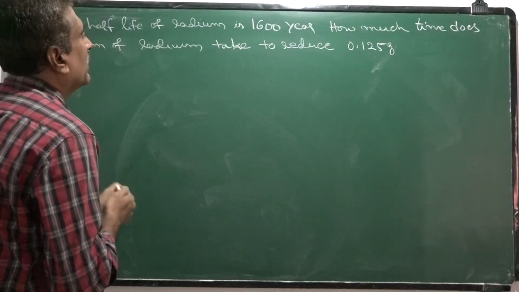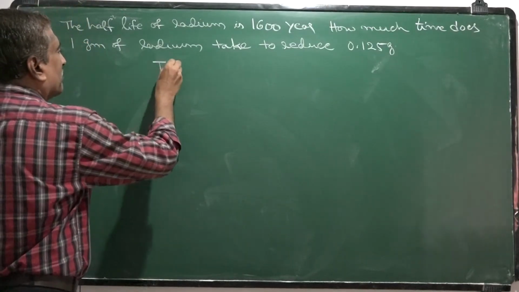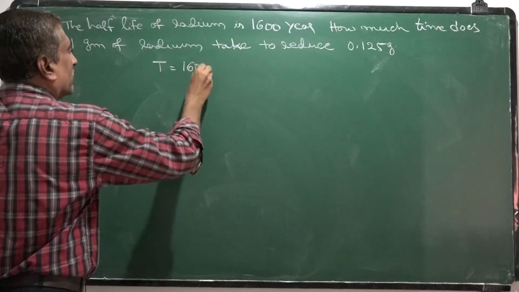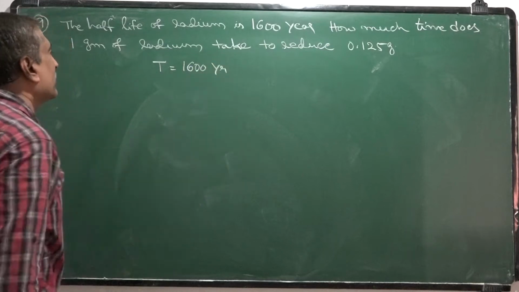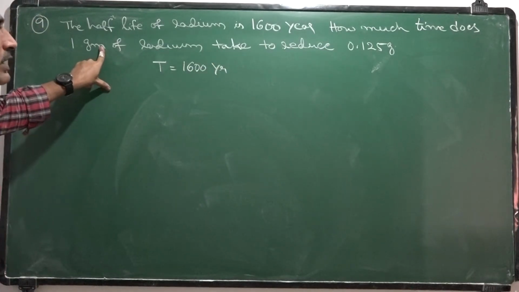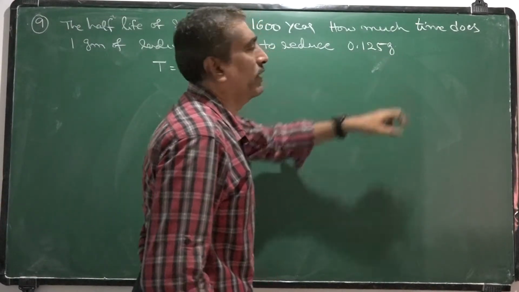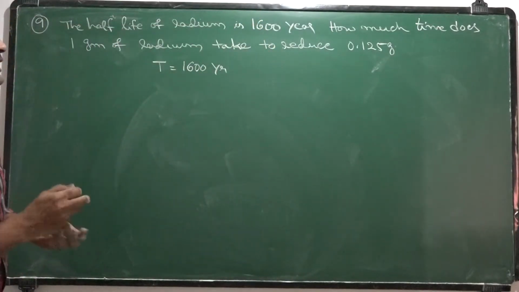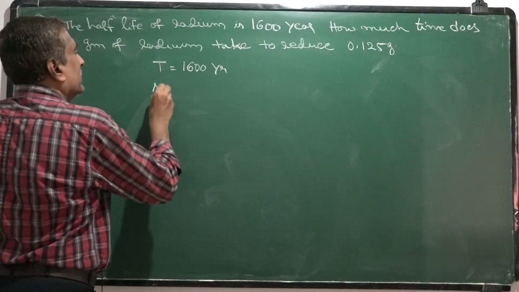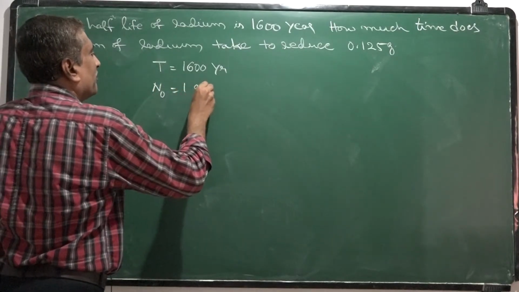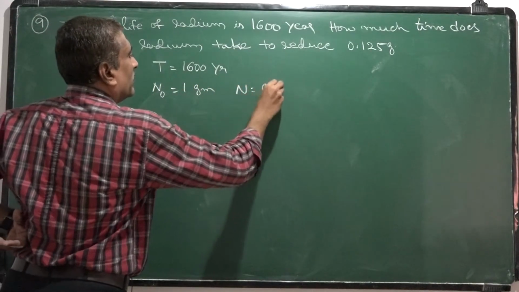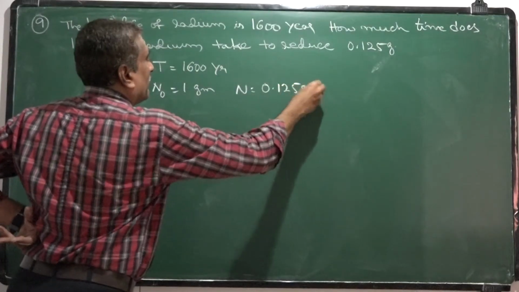Okay, the half-life period capital T is given as 1600 years. Initially it is 1 gram, after certain time it reduces to 0.125 gram. That means N0 is 1 gram, N is 0.125 gram.